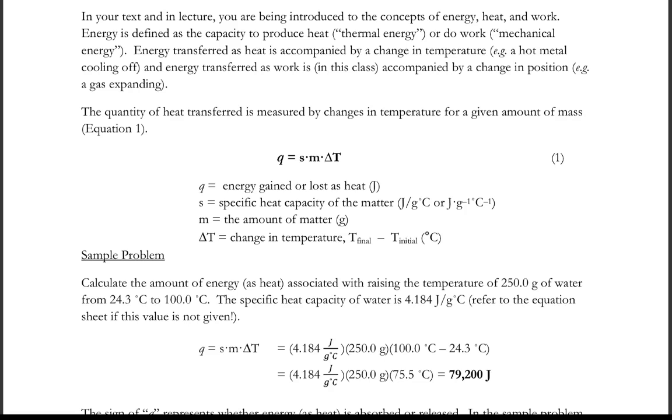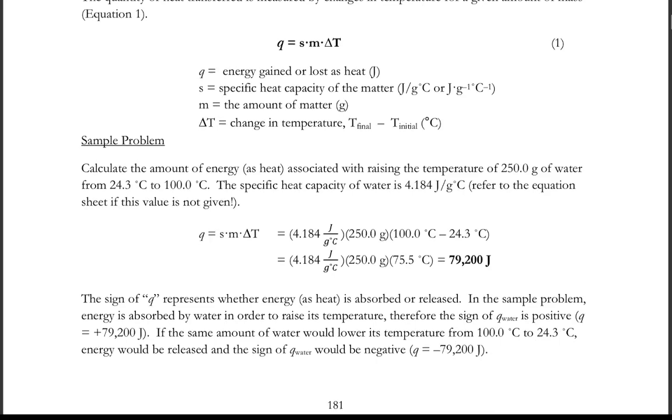S is the heat capacity of the matter in units of joules per gram degrees Celsius. M is the amount of matter in grams, the mass. And delta T is the final temperature minus the initial temperature in units of degrees Celsius. It could actually be in Kelvin too.